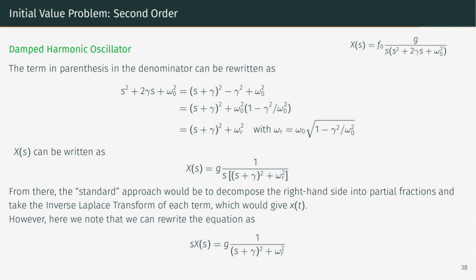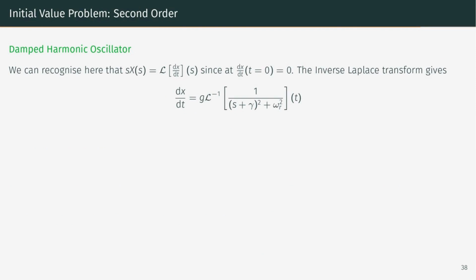However, here we can note that we can rewrite the equation as s x of s equals g times 1 over s plus gamma squared plus omega r squared. Here we can recognize that s x of s equals the Laplace transform of dx over dt, since x of 0 equals 0.